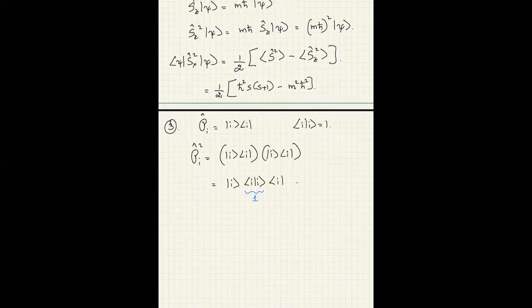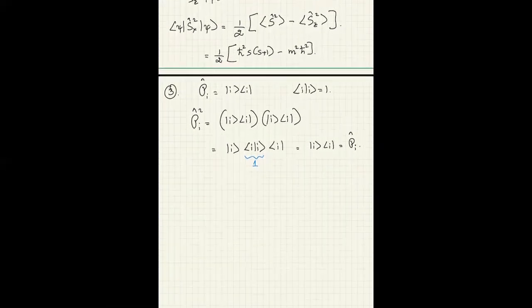So this is equal to |i><i|, which is nothing but the projection operator. So all projection operators have this property that the square of the projection operator is the same as the projection operator itself. We can use this property to deduce the eigenvalues of the projection operator.